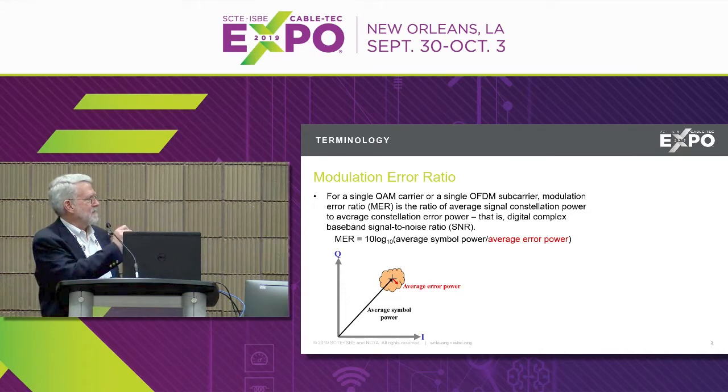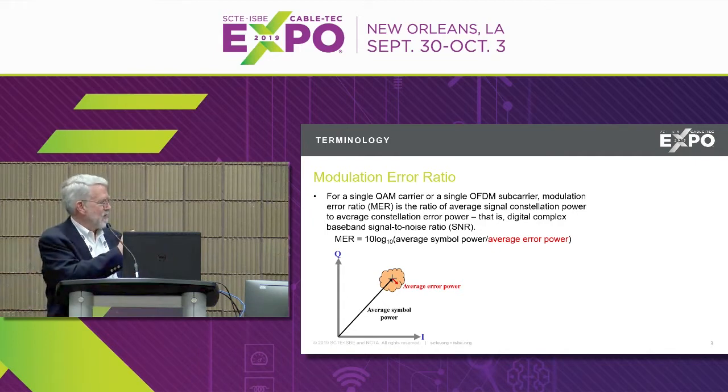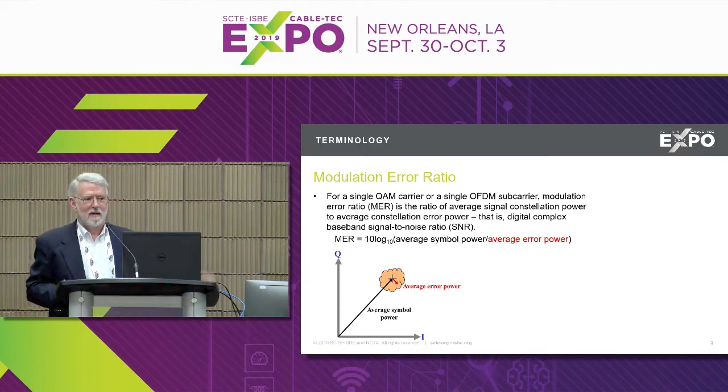But what is it? More specifically, it's the ratio of average signal constellation power to average error constellation power. We call that digital complex baseband signal to noise ratio. As you take a look at the diagram on the lower left part of the slide, you can see the equivalent of a constellation display for one symbol, perhaps in an upper right quadrant of a QPSK signal.